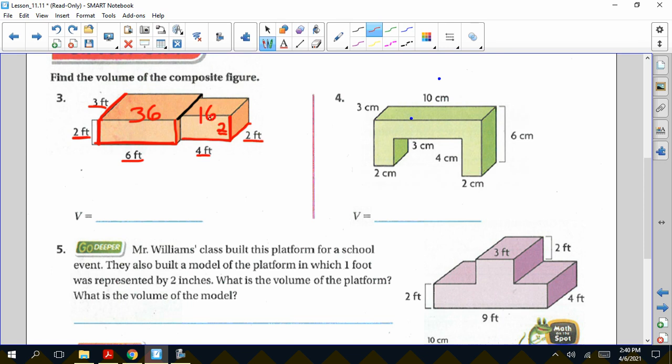The volume of this figure is 16 feet cubed. 36 plus 16 gives you 52. And because we're still talking volume, it's 52 feet cubed.